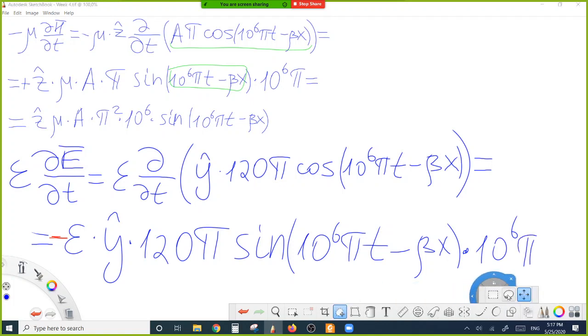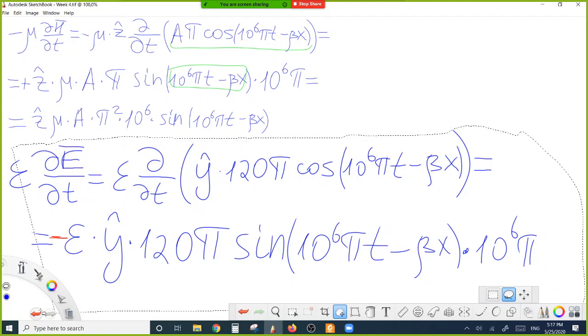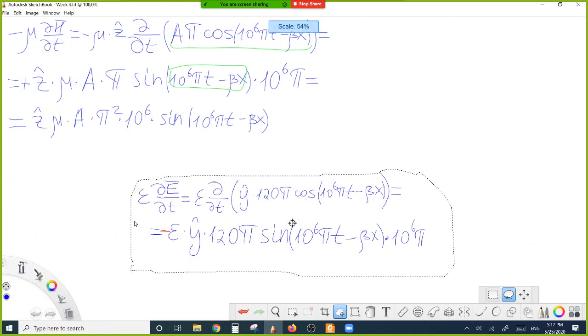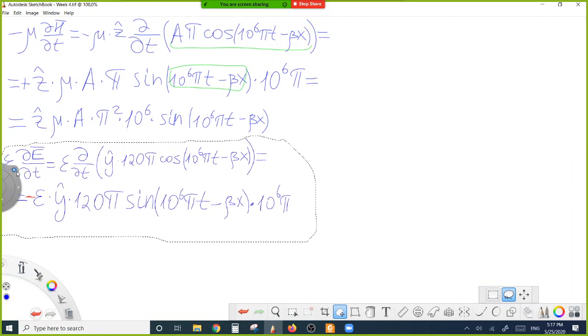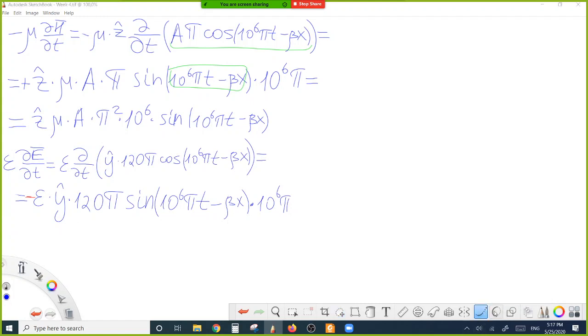Or if we rearrange terms, what do we get? It is equal to minus y multiplied by epsilon multiplied by 120 and 10^6 gives us 1.2 10^8.